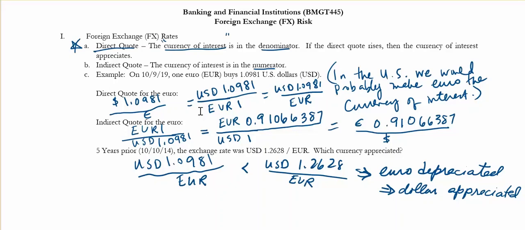So the euro would have bought more dollars 5 years ago. Therefore, the euro had to have been more valuable 5 years ago. On the flip side, we could say that the US dollar now is so valuable that it only takes $1.0981 to buy €1, whereas 5 years ago the dollar was less valuable, so it required more dollars to buy €1. Namely, it would have costed $1.2628 to buy €1.